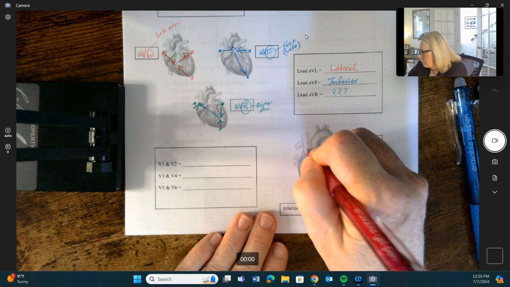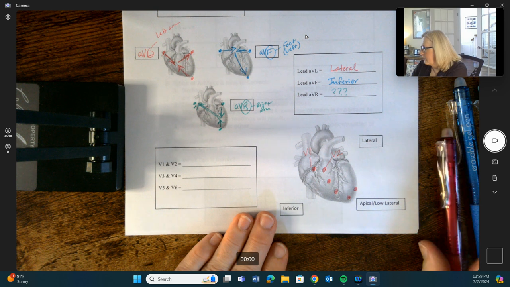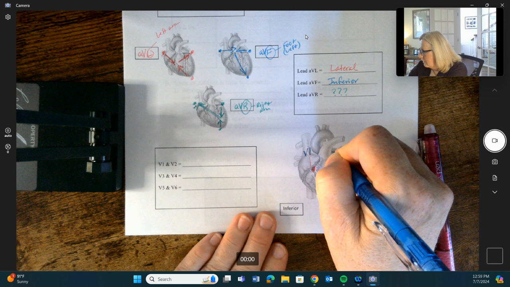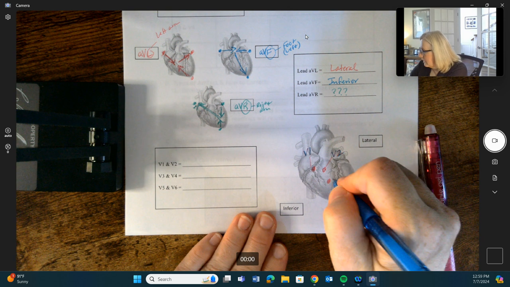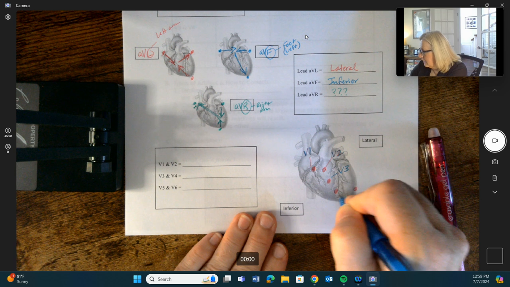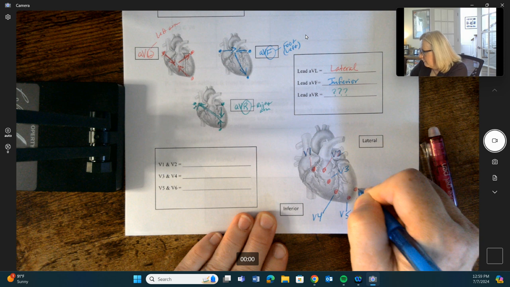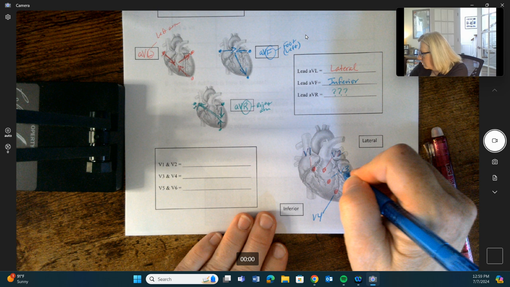So that's V1, V2. That's hard to see, isn't it? Maybe the blue one will be better. V1, V2, V3, V4, V5, V6. That's a little better. You can see that a little better.